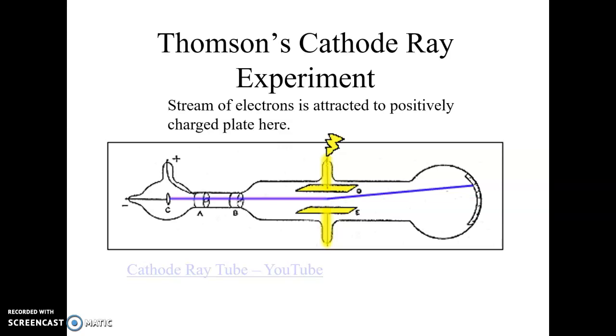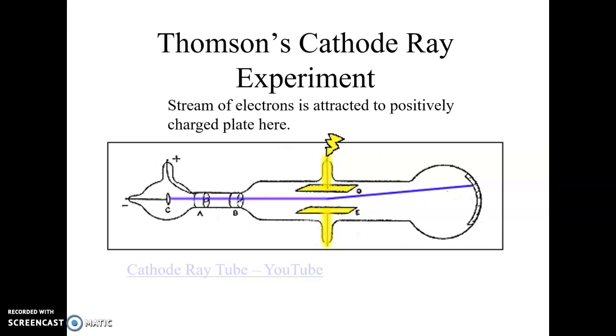Well, if you look at this as basically a cathode ray tube with the blue line representing the cathode ray, the stream of light that's passing through it, what J.J. Thomson did was he introduced a magnetic field near that cathode ray. And what he found was that when the positive side of the magnetic field was near the cathode ray tube, the ray was attracted to the positive field.